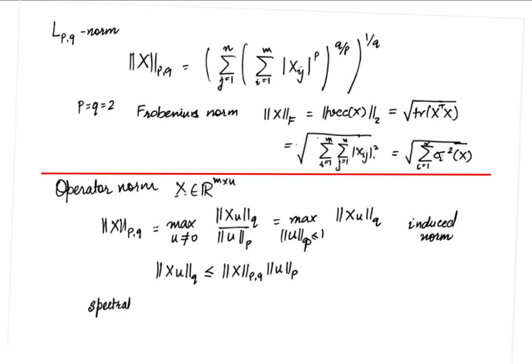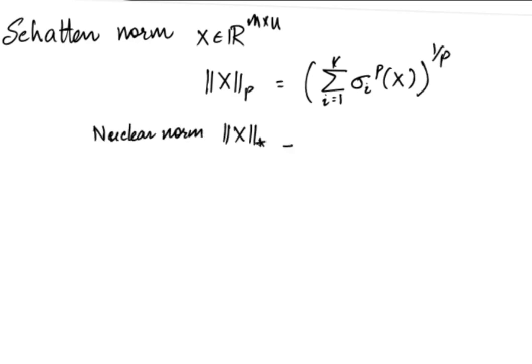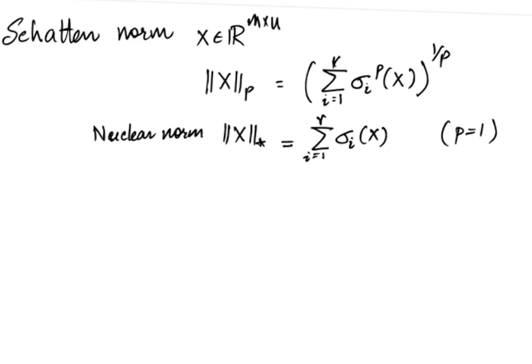A special case of the operator norm is the spectral norm, which is for P equal to Q equal to 2 and is given by the maximum singular value of X. Another example is the Schatten norm of X, which is essentially the pth norm of the singular values of X. A special case of the Schatten norm is the very popular nuclear norm, which occurs for P equal to 1 and is given by the sum of singular values of X. The nuclear norm is considered to be the matrix counterpart of the L1 norm.